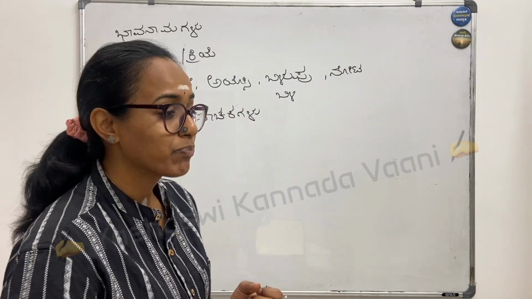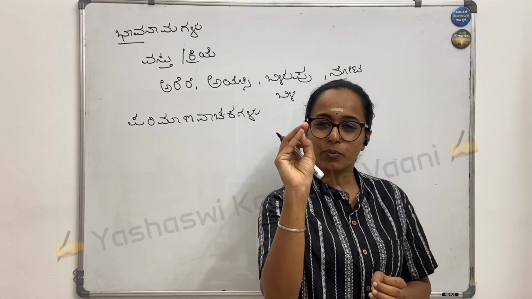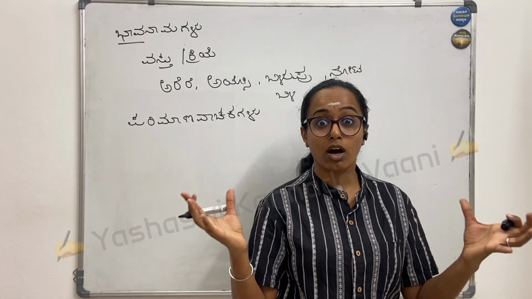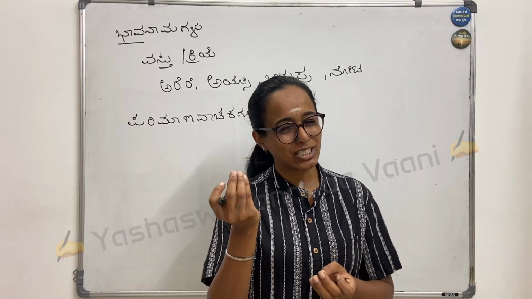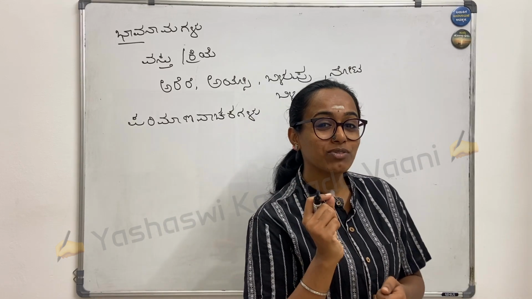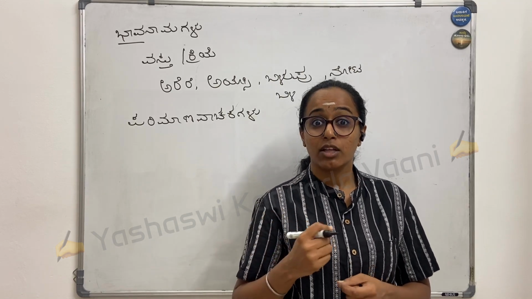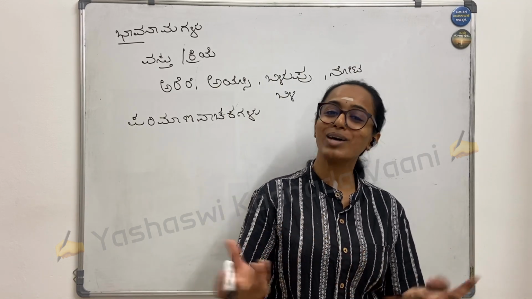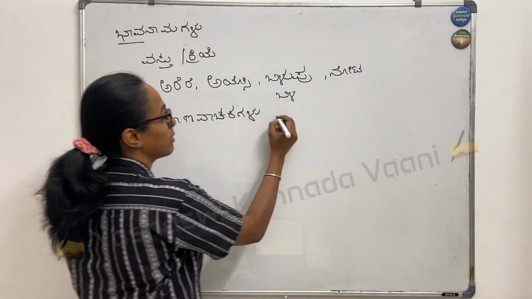For example, give me a little bit of sugar: ishtu sakre kodi. Ishtu, ashtondu, so much of food. Few people were there: swalpa jana, kelavu jana. There are many trees: halavaru gida ide. These kinds of words will come under parimana vachaka.